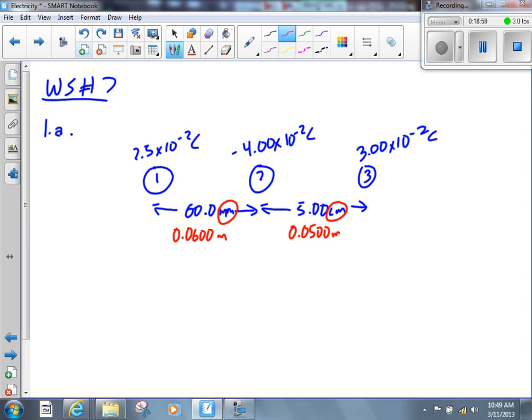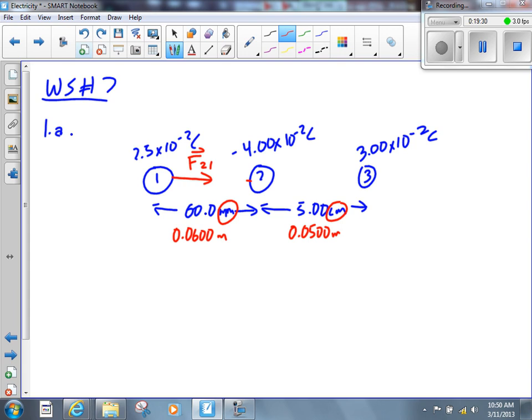That means 2 is going to be pulled to the left, but really we don't care, right? Because we're looking for the net force on number 1. So the force of 2 on 1 is to the right because 1 is pulled toward number 2.